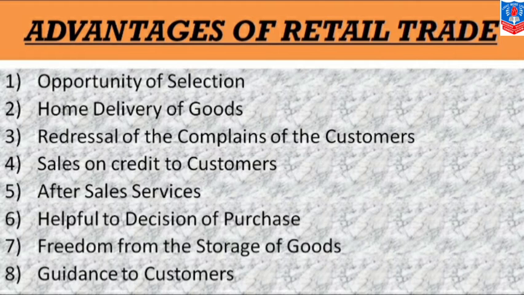He sells goods to customers on credit as per their requirement. As a result, sales increase. Fifth one, after sales services. The retailer provides after sales services to customers, example repairing, return or replacement of damaged goods, etc.